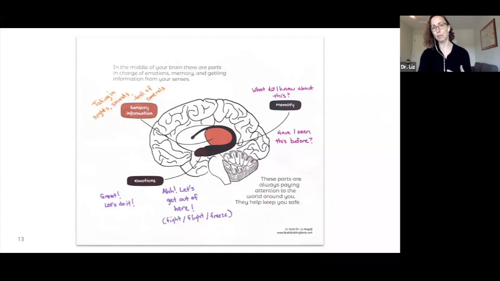So this was part of our conversation about using your emotional brain for Minecraft, and that your brain is going to call up certain memories to say, what do I know about this? Your emotions are going to chime in and say, oh God, danger, got to get out of here, or no, let's go for it. So kind of introducing the idea that there are these other automatic systems in here that are going to influence what we do as well.